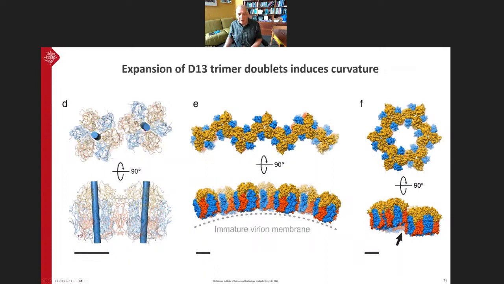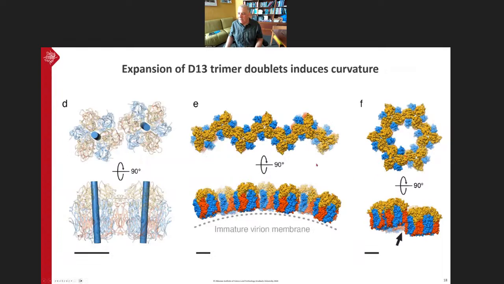Also, when looking at this more closely, it turns out that the axes of the trimers were twisted by about 8 degrees with respect to each other. And it was this twist, generated by snapping together at the top and the bottom through this interaction, that essentially implies curvature by design. So this symmetry expansion yields curvature.